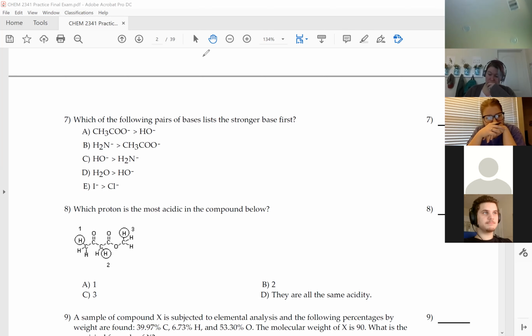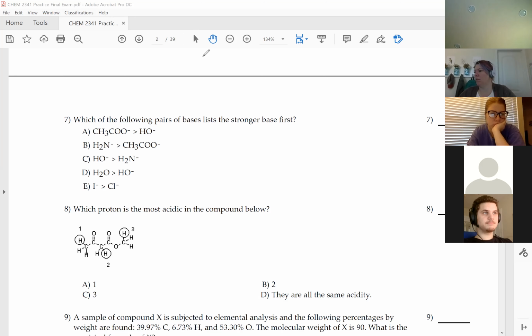Okay, any thoughts? What should we do in order to answer this question? Are you trying to figure out the negativity of the charge? I think that's going to be the more complex way. There's an easier way to compare two bases.